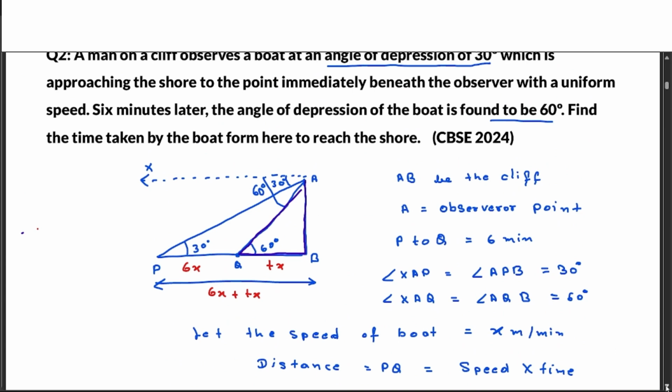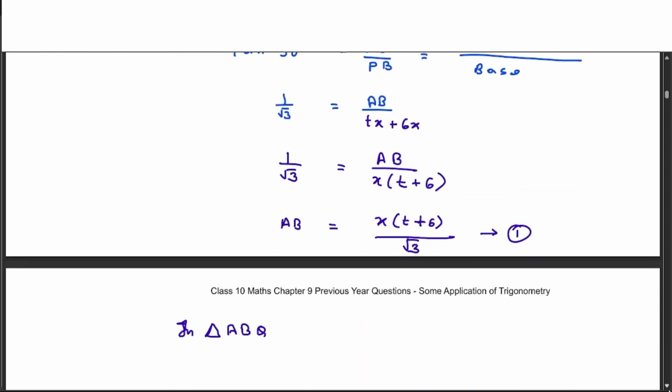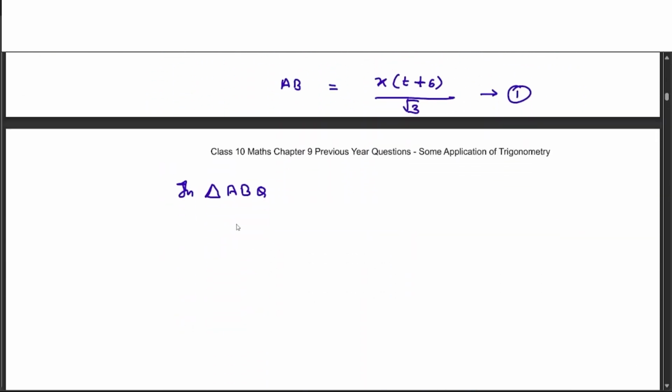In the same way, you can substitute here and take tan 60°. So tan 60° is equal to perpendicular over base, AB over BQ.